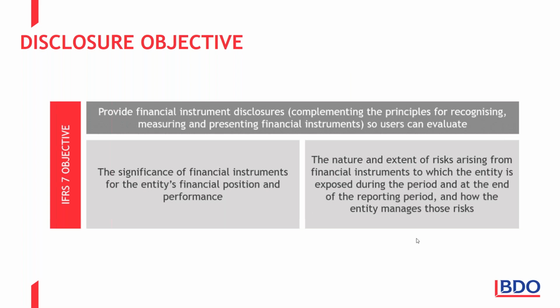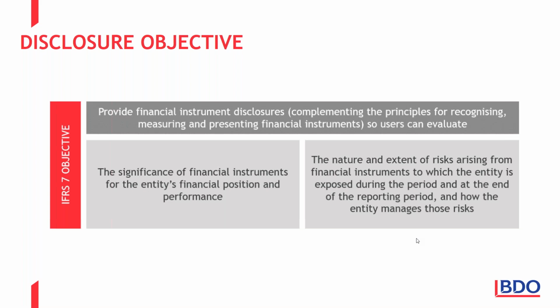So that is the one disclosure objective. The other disclosure objective is the block on the right-hand side. And this one is often overlooked. This one talks about the nature and the extent of risks arising from financial instruments to which the entity is exposed during the period and at the end of the period, and very importantly, that last part, and how the entity manages those risks.